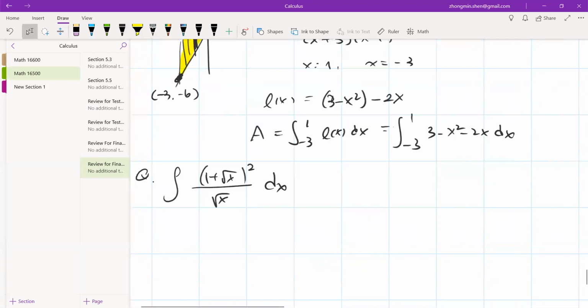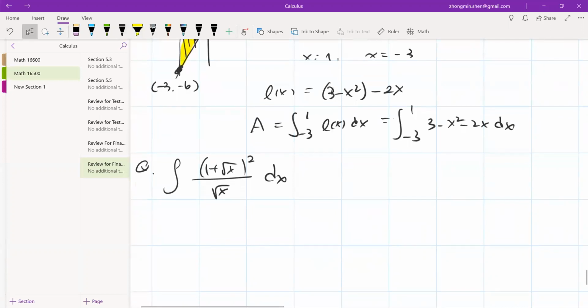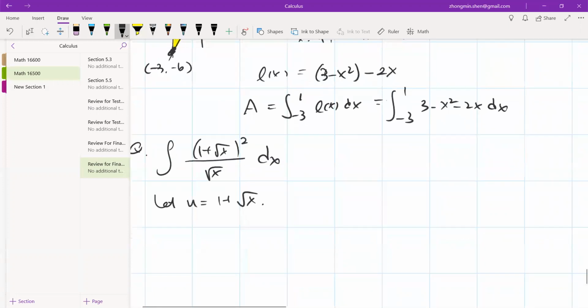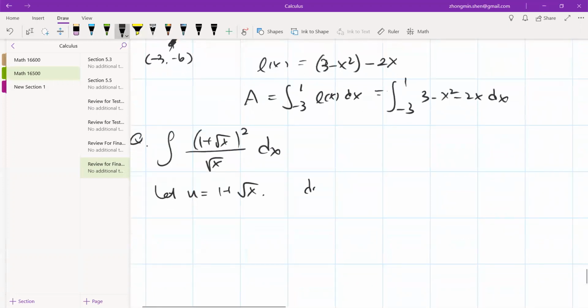The best way to do it, I really like the way they use substitution. But there were 3 students using substitution. Okay, honestly, I can give you the number. The substitution is let u be 1 plus square root of x. Right? Then du equals, okay, that's fine.